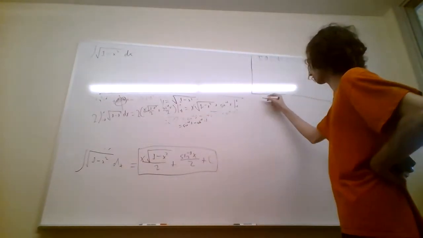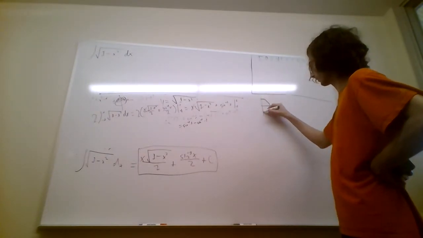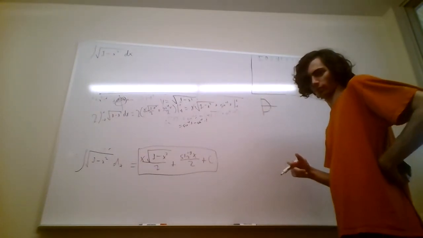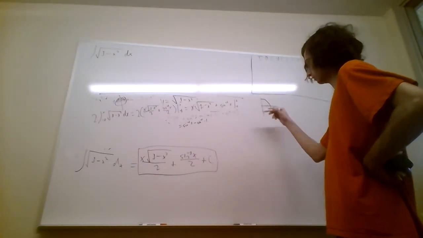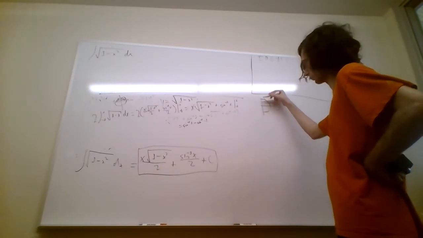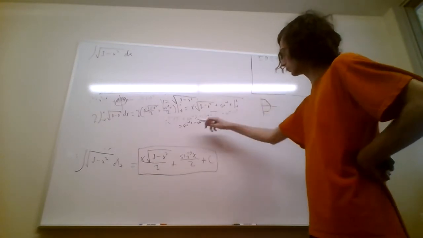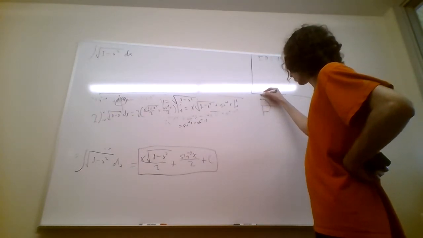So if we draw a unit circle, the range of inverse sine goes from -pi/2 to pi/2 radians. So inverse sine of 1 is going to be right here, which is pi/2.